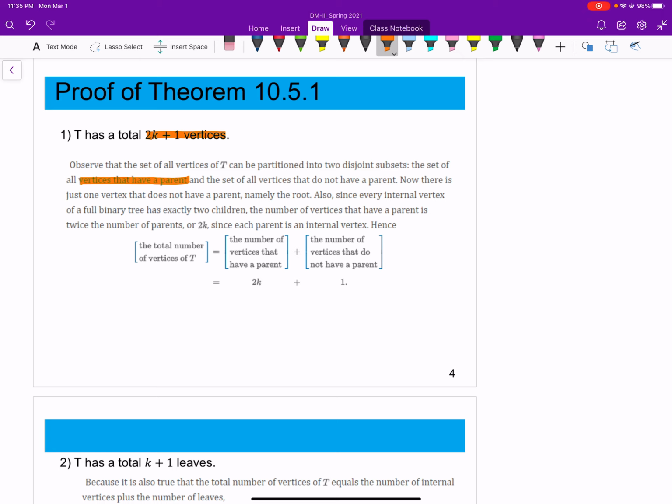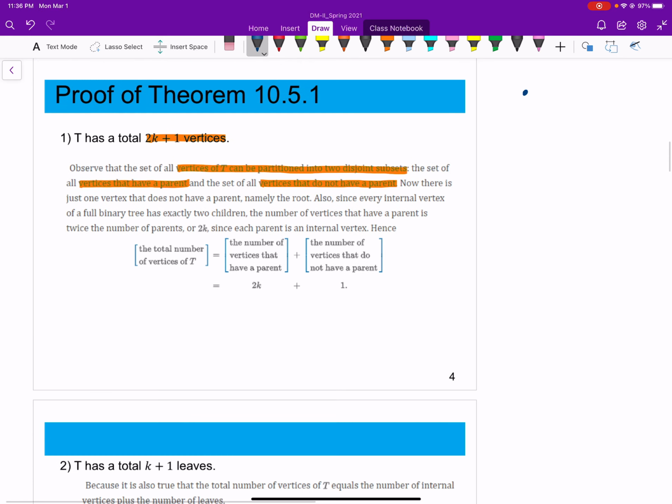And the other group is vertices that do not have parents. So the vertices of T can be partitioned into two disjoint subsets. Take any tree you want, and this categorization is true. You can do this categorization for any graph, any tree.